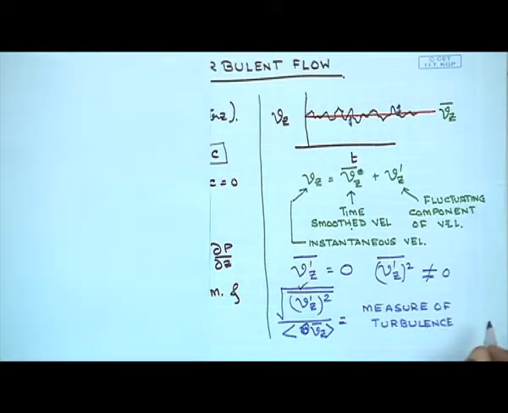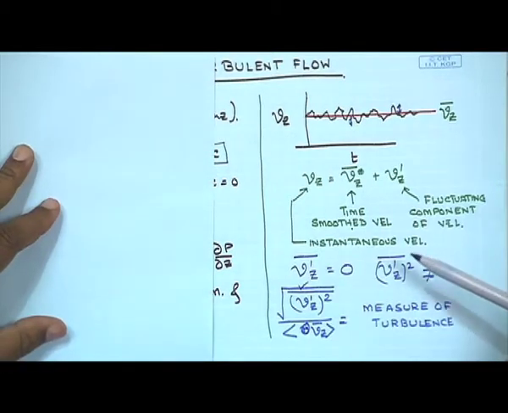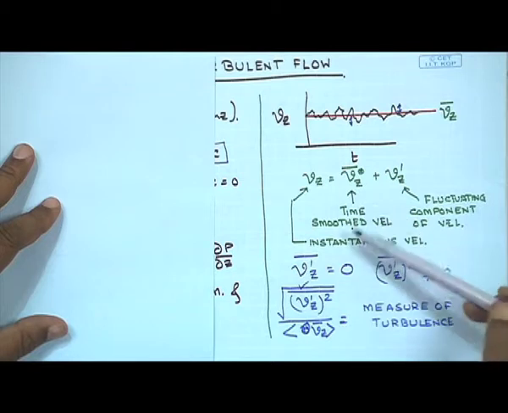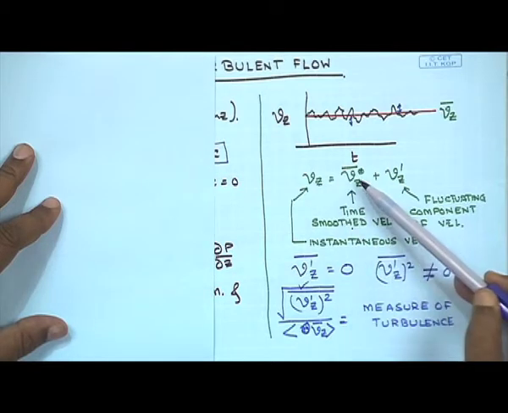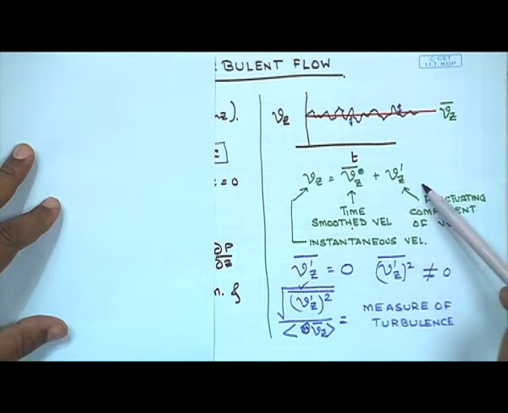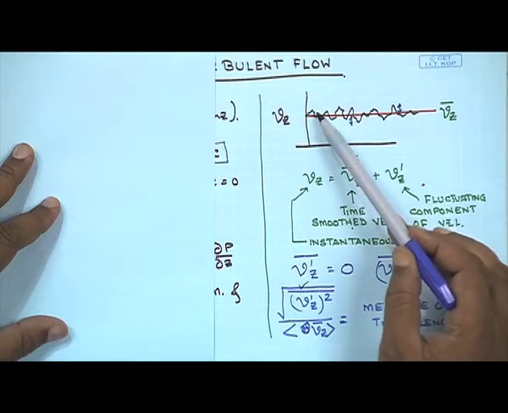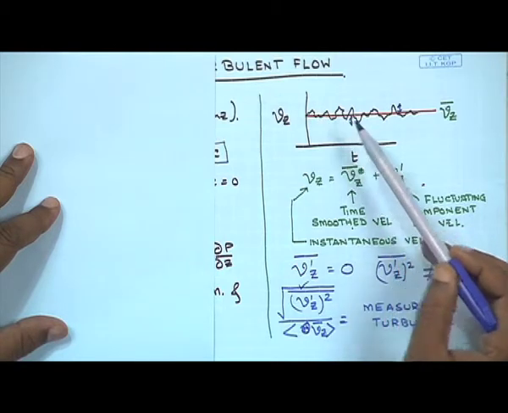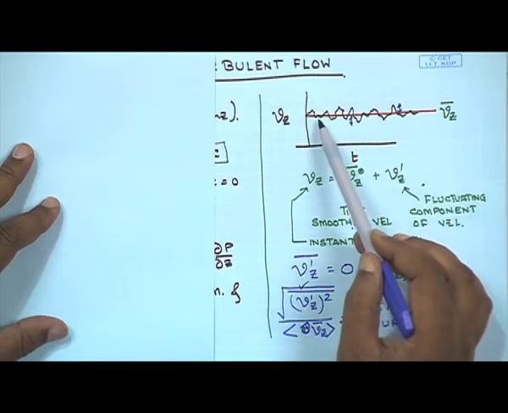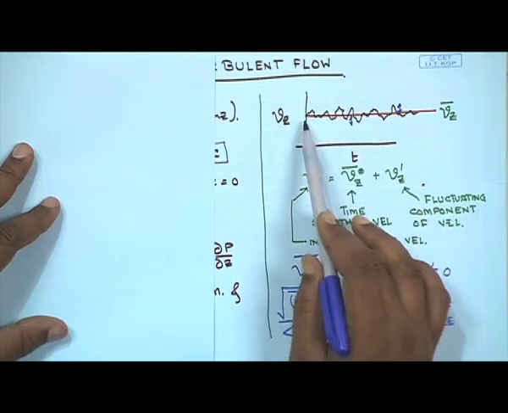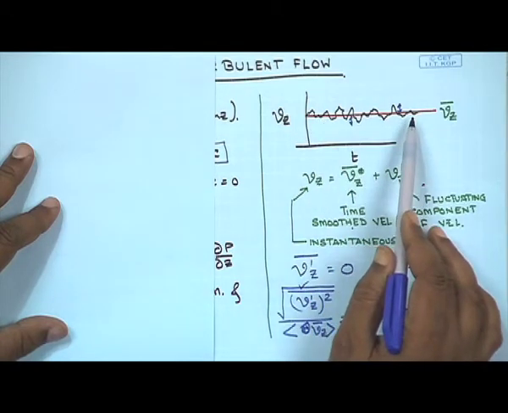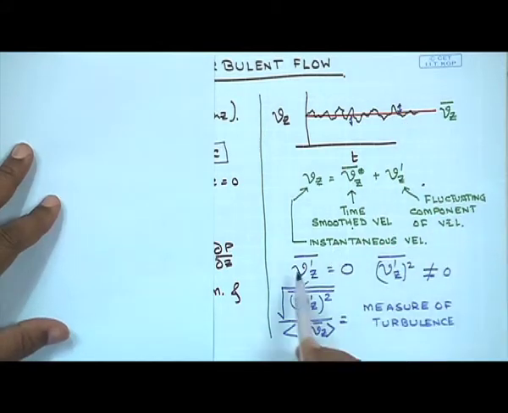So, the point which I am making over here is that the instantaneous velocity is the sum of the time smooth velocity and a fluctuating component of velocity. The fluctuating component of velocity, since it can be positive and negative, can become both positive or negative. So, if you find out the time smooth over a large time domain, then V prime Z would be equal to 0.